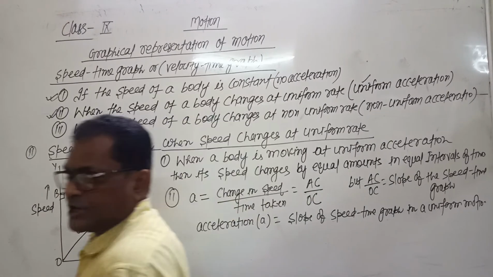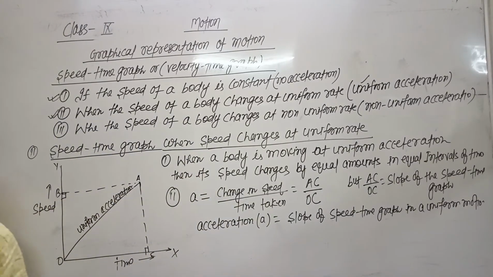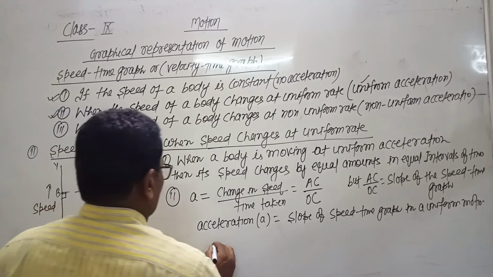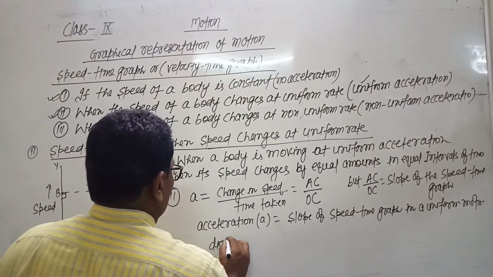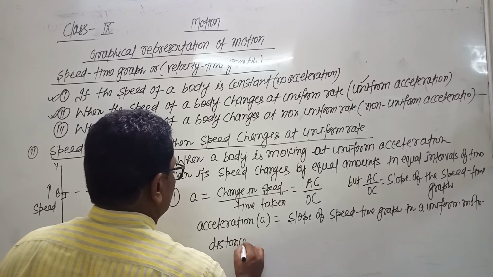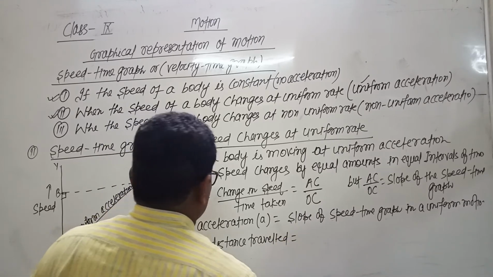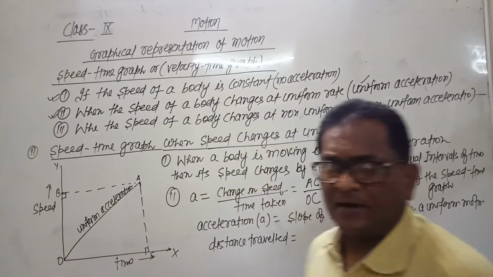So we get the conclusion that acceleration equals the slope of a speed time graph when a body is moving with uniform motion, and the distance travelled is calculated by the area under the graph.